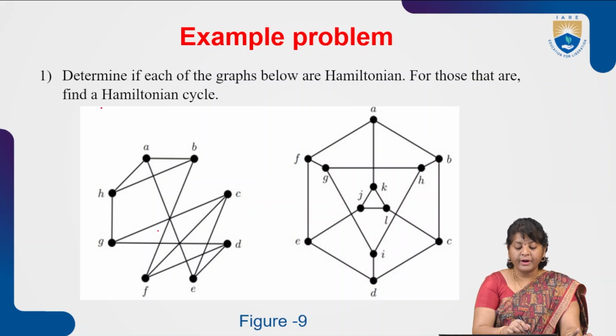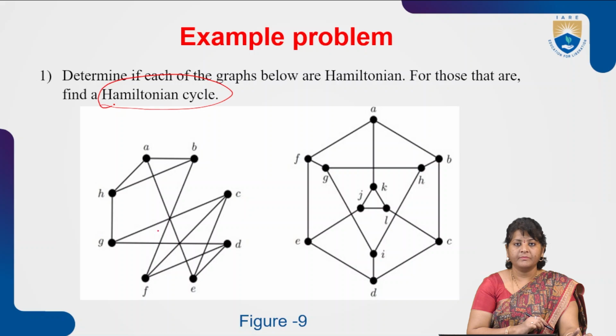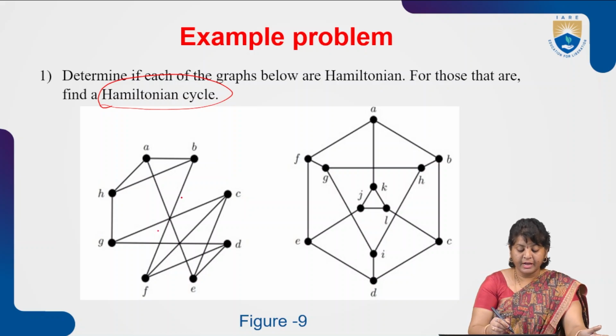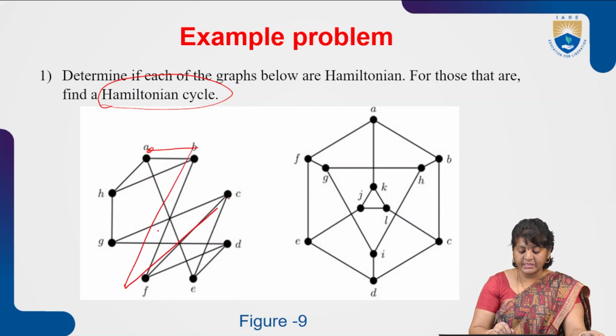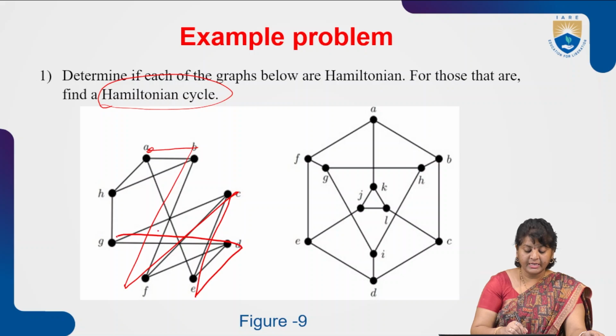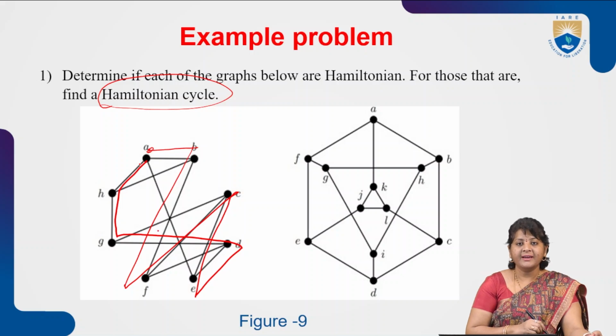And now I want to find out the Hamiltonian cycle. This is my question. Find a Hamiltonian cycle. So let us start from the vertex A. We will check the possibilities. So A to B, B to F, F to C, C to E, E to D, D to G, G to H, H to A. So fine, here is a possibility.